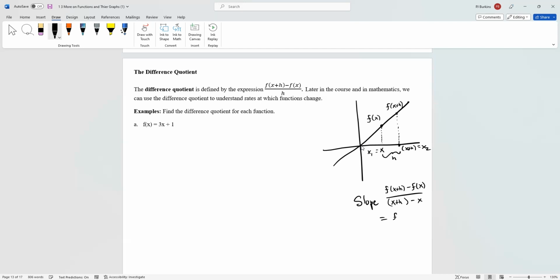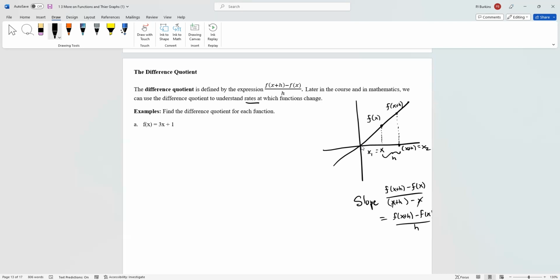And that's going to simplify down to, this is going to be x minus x, those will cancel, and we'll just get h. And that gives us our difference quotient. So this helps us understand rates. It's going to be a rate of change, which we know as slope.